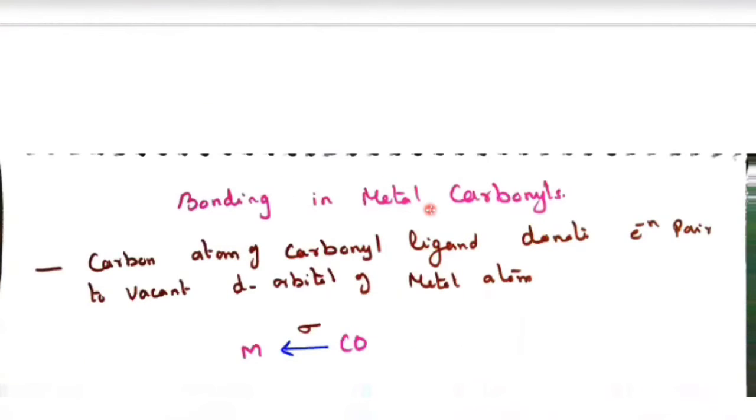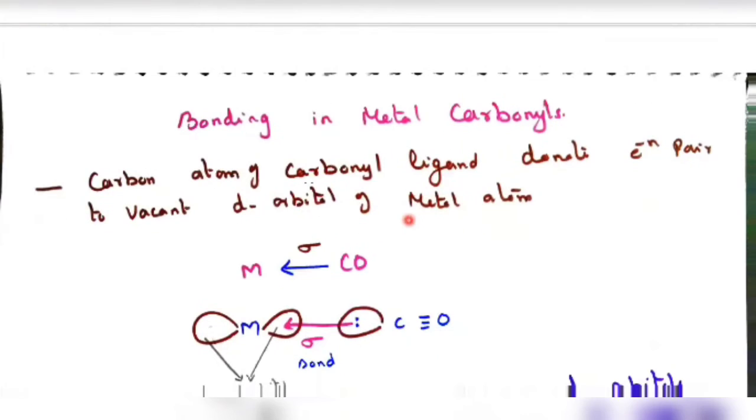Next, bonding in metal carbonyls, an important topic. Many one-mark questions will be asked. Ligands donate a lone pair of electrons to the vacant d orbitals of the metal.